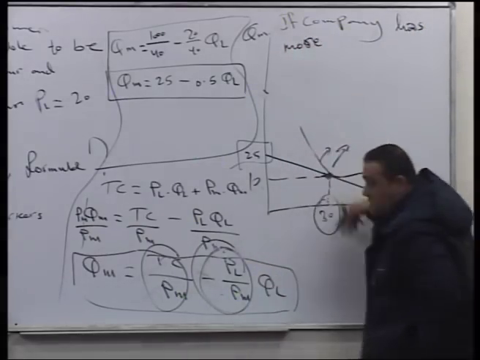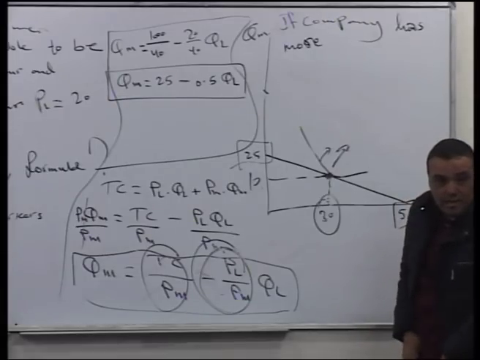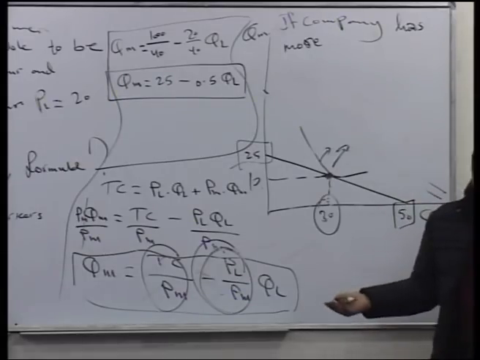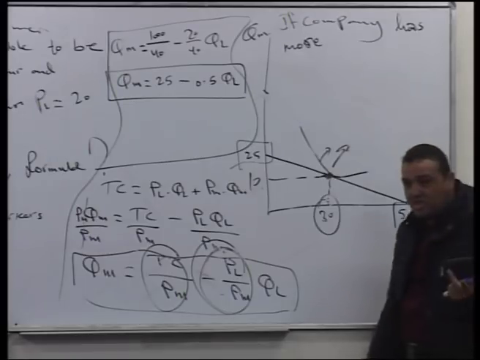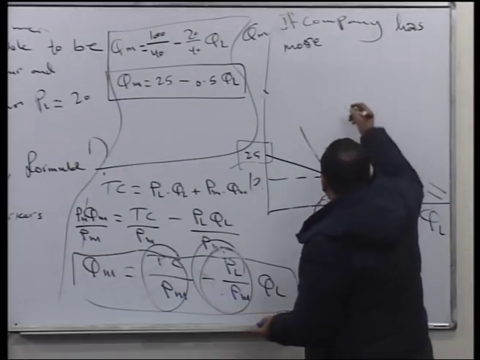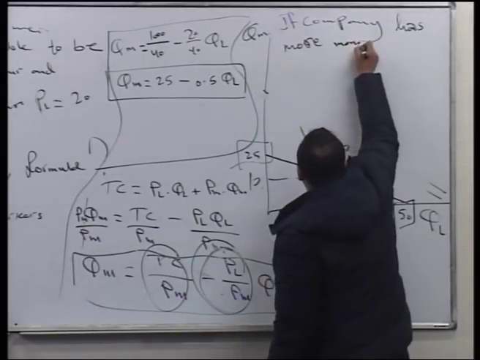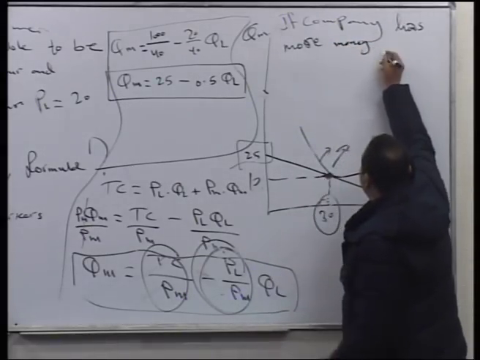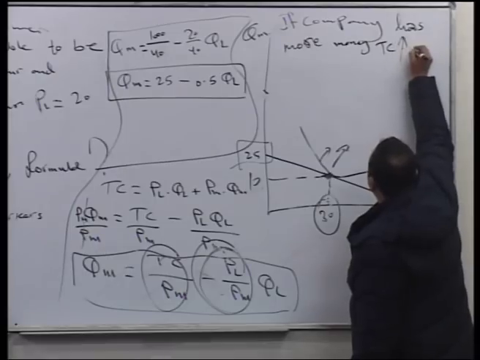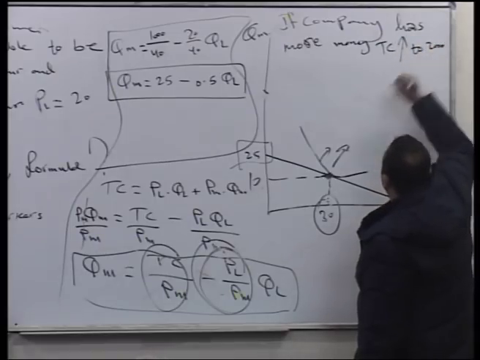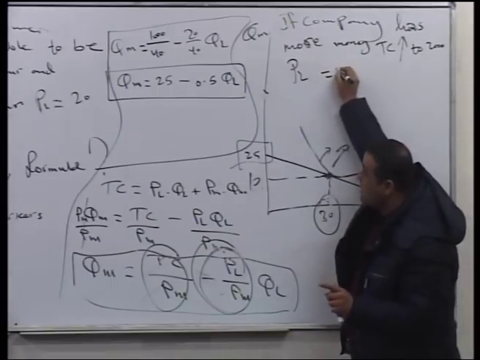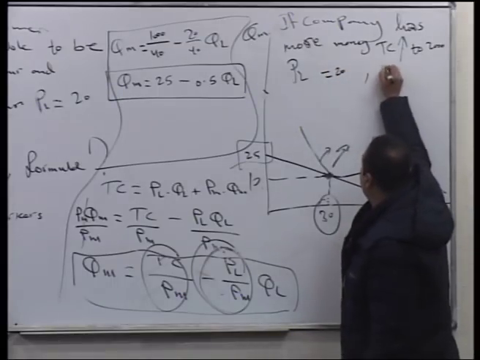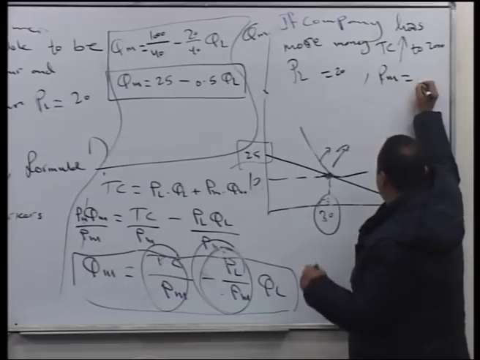The 30 I put as an assumption. Okay? Exactly like the budget line and the consumer equilibrium topic. There are no changes, no differences. More money, which means that the total cost increased to $2,000, and the price of L remains constant at $20 and the price of M remains constant at $40.